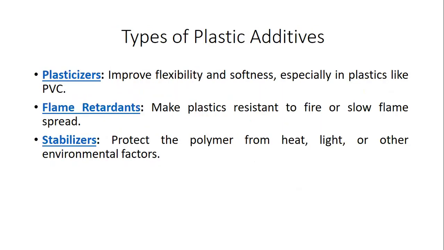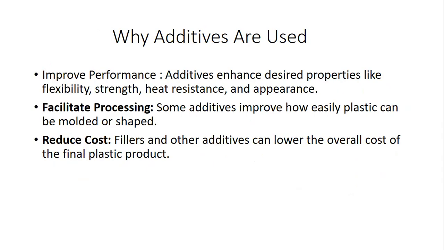What are the various types of plastic additives? Plasticizers improve flexibility and softness, especially in PVC materials. Flame retardants make plastics resistant to fire or slow flame spread. Stabilizers protect the polymer material from heat, light, and other environmental factors. Why are these used?